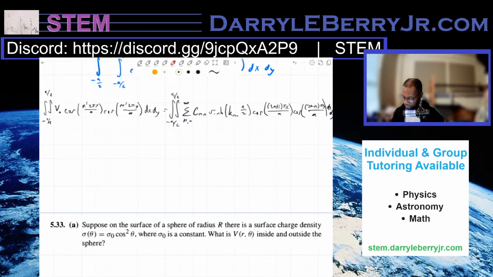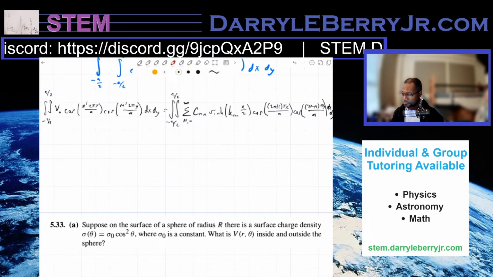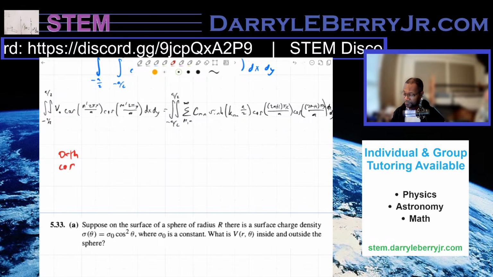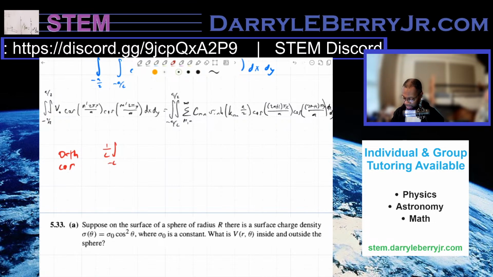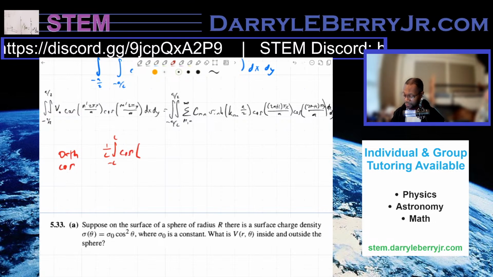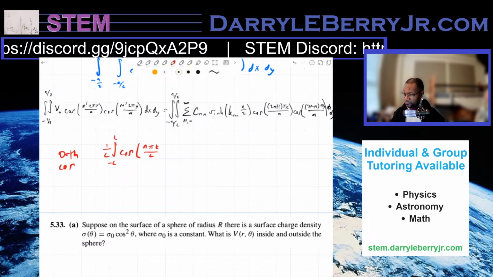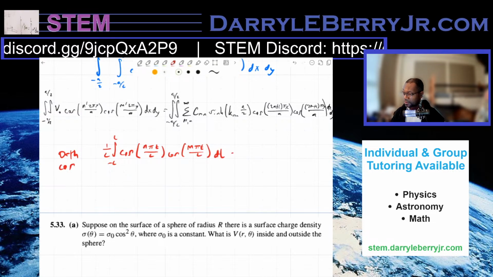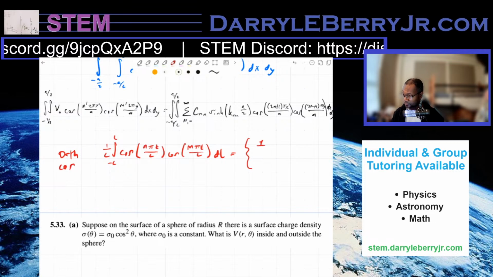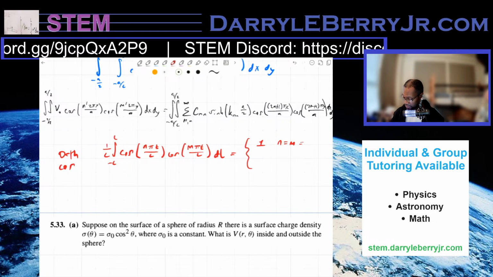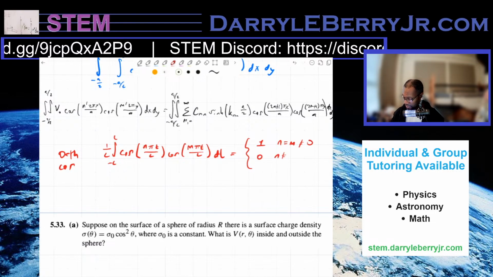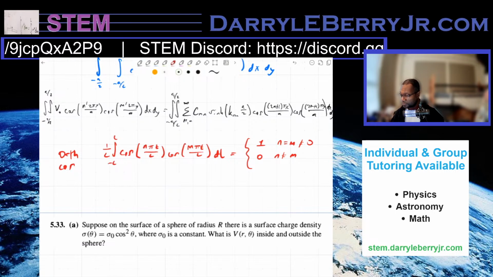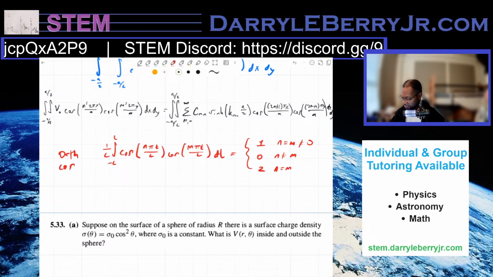So if, finally, cosine, 1 over L integral negative L to L cosine n pi t over L cosine m pi t over L dt equals 1 if n equals m and they equal not 0, 0 if m doesn't equal n, and 2 if n equals m.